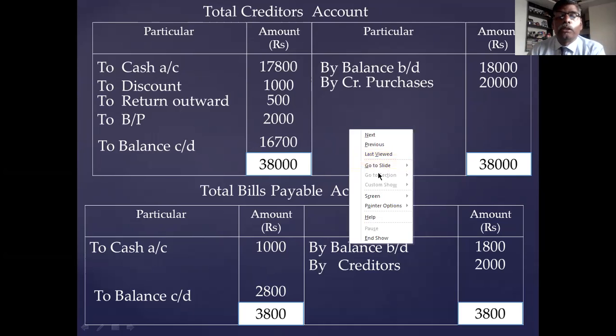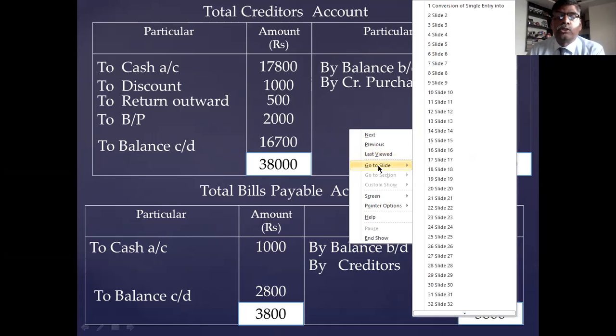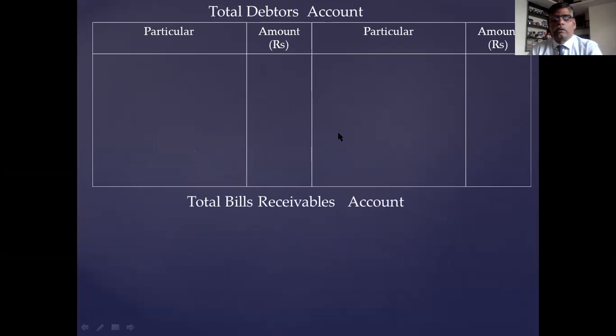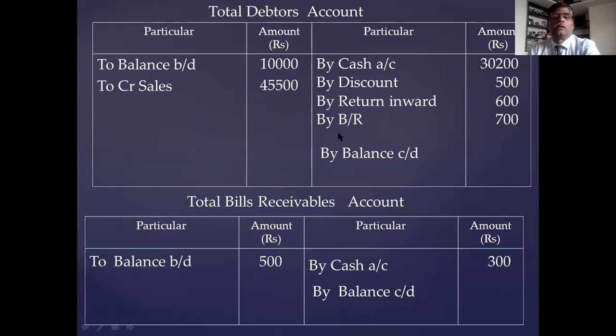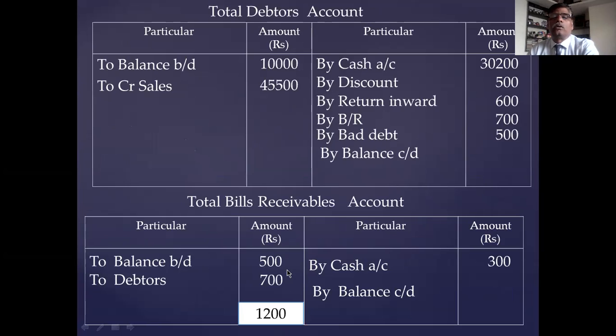Now I'll close the debtors and bills receivable account. Bills receivable account total is 1,200 debit side, credit side 1,200. Difference is by balance carried down 900. 900 is the balance.